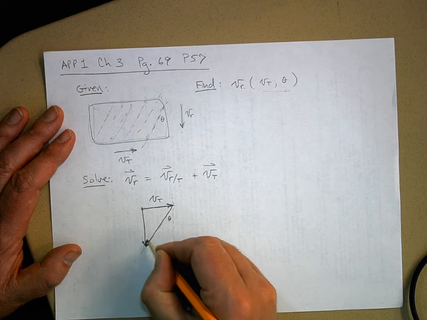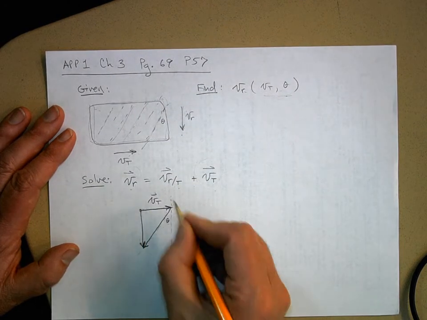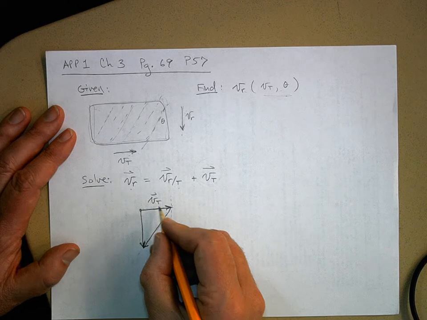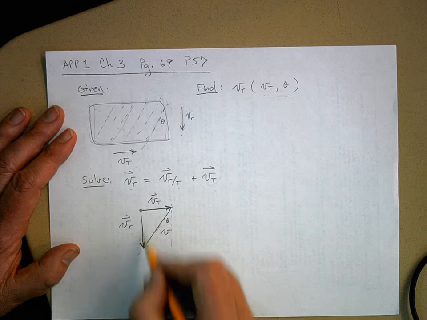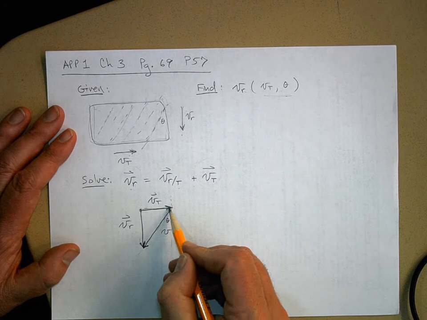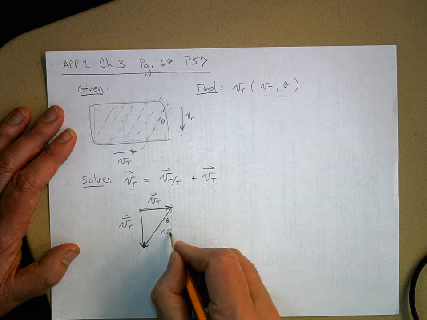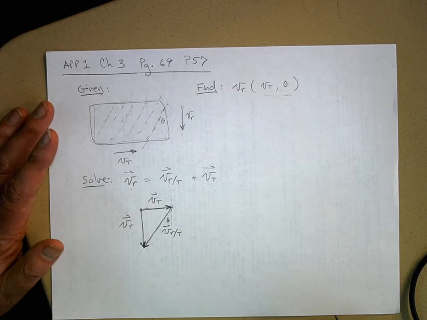And notice that I'm drawing arrows on my vectors. So the velocity of the train plus the velocity of the rain compared to the train equals the velocity of the rain.